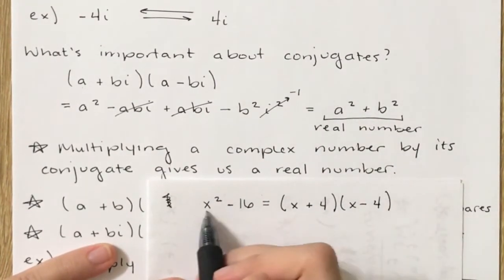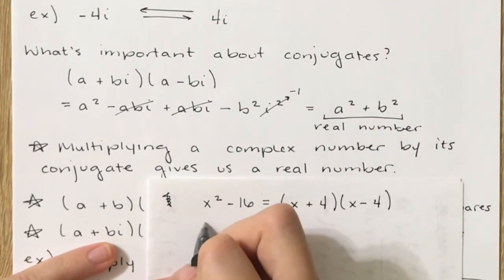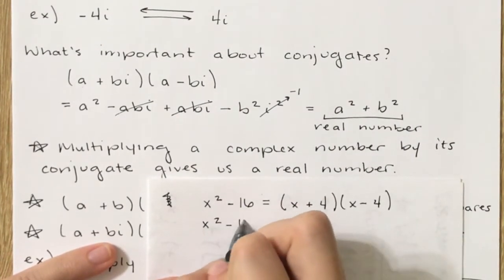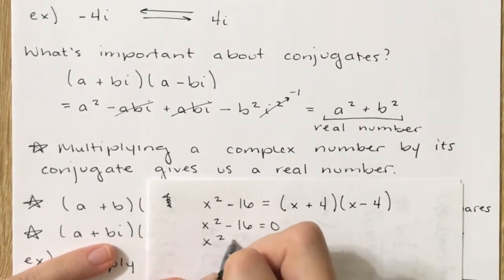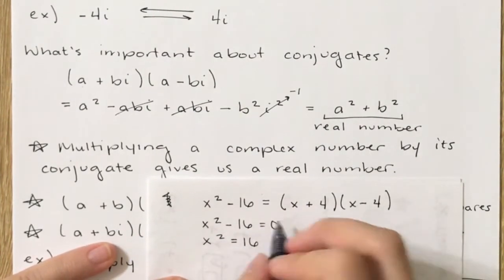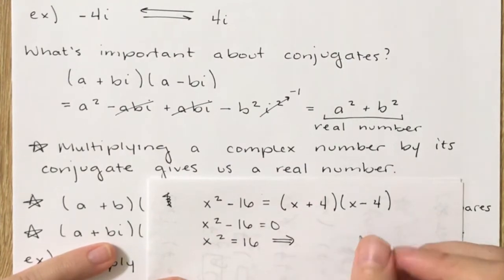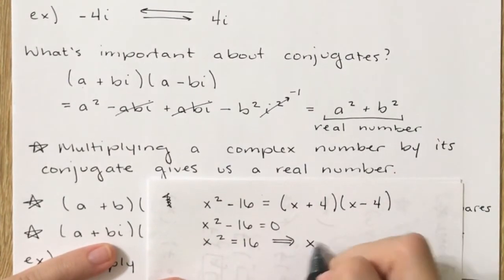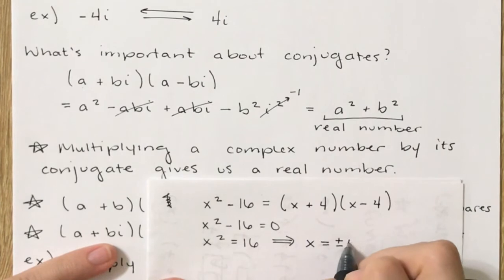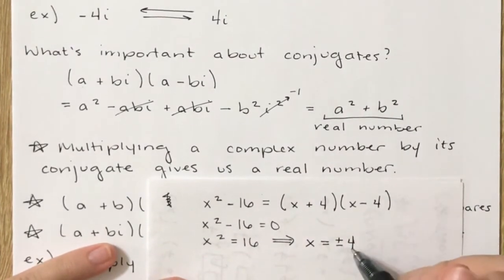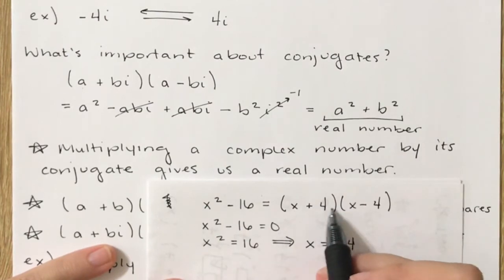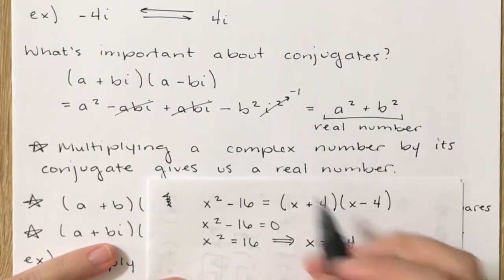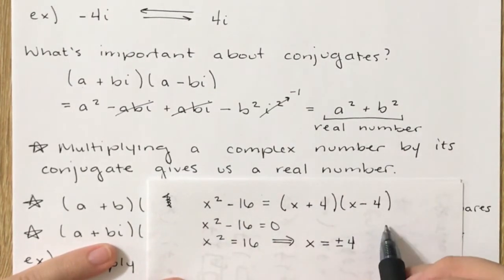It's because if I were to solve for the roots, I could bring the 16 over. I would have x squared equals positive 16. I would take the square root of both sides, and I would get x equals positive and negative 4. If I have the roots positive and negative 4, it means I have the factors x plus 4 and x minus 4. So we have this fact, right?